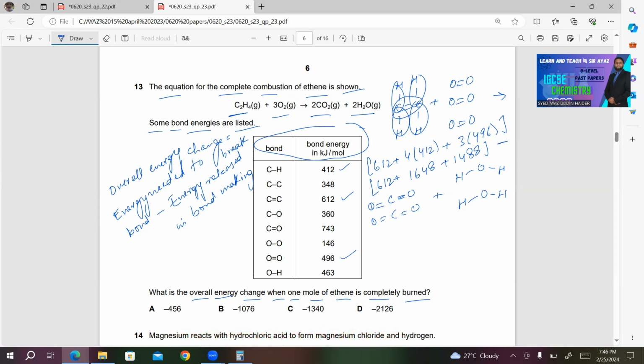Now coming back to the product side, we have 4 C double bond O bonds: 1, 2, 3, 4. So 4 multiplied by 743. Plus, we have 4 OH bonds: 1, 2, 3, 4. So 4 will be multiplied by 463.